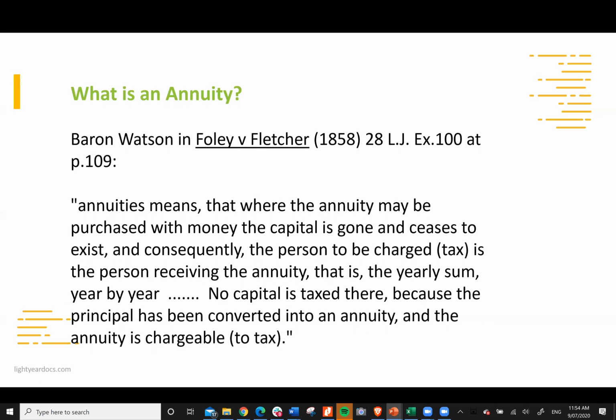You've converted capital into an income stream, which can be a bit different. So that's a lot different from a loan, because if we have a loan, then on our balance sheet, we're actually going to bring in that asset being the underlying principal of the loan. Whereas if we have a look at our annuity, we're just simply getting a right to receive income over a period of time.